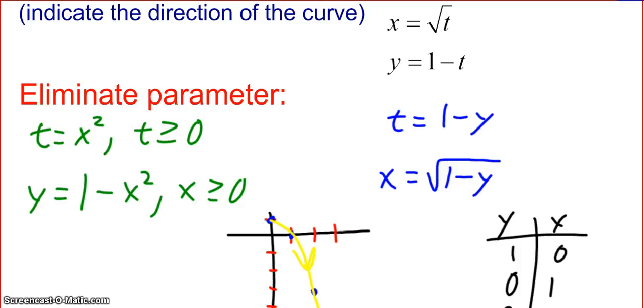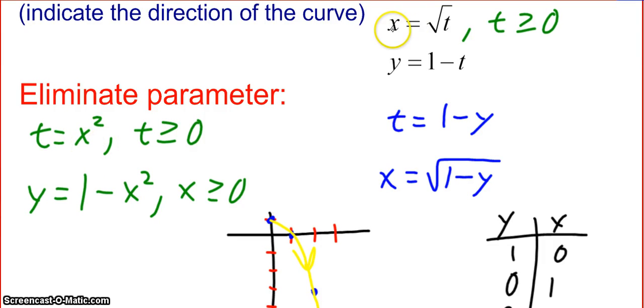So that's what I wanted to specifically point out with this problem, is if I look at the x parametric equation, the domain of t, although it's not stated here, is t has to be greater than or equal to 0. So that applies to everything.